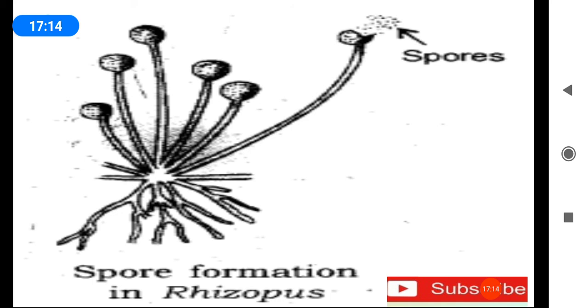Unfavorable conditions are scarcity of water, high temperature, nutrient deficiency in soil, etc. During these conditions, non-flowering plants like algae, fungi and ferns produce spores. Then when they attain favorable conditions, they germinate into new plants. So during unfavorable conditions they form spores, and after favorable conditions they germinate into new plants. This is spore formation in Rhizopus.